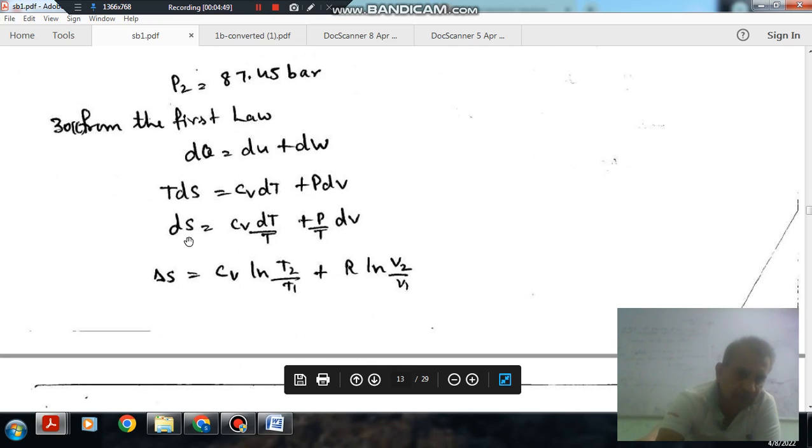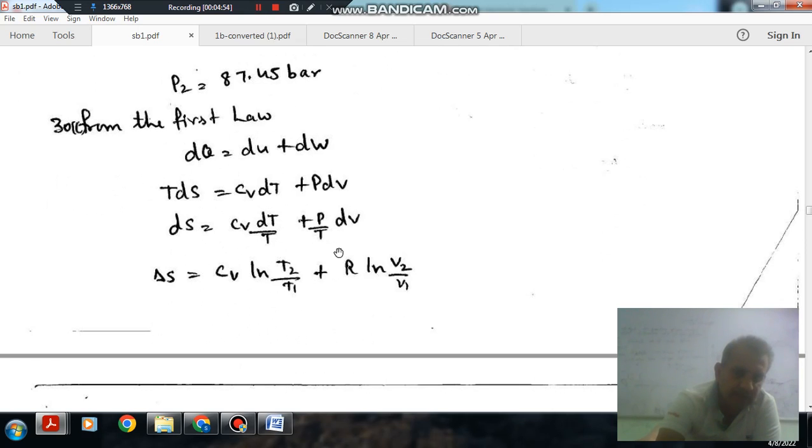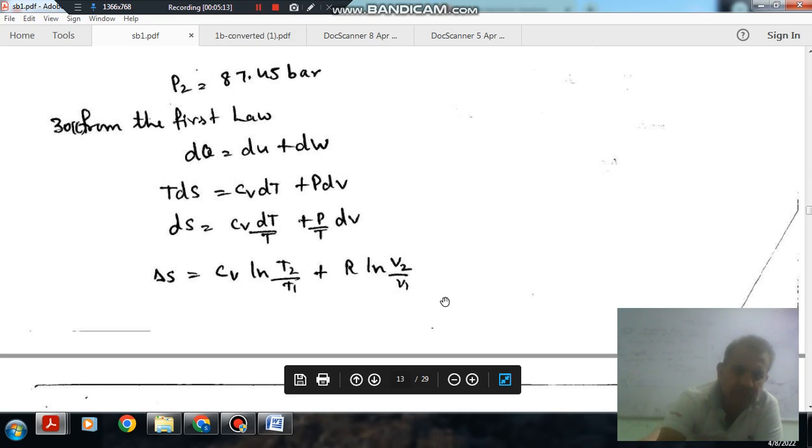If we integrate it, then it is Cv ln T2 by T1, and P by T can be written using PV is equal to mRT. Taking m equal to 1, P by T is R by V, so its integration will be R ln V2 by V1. So that is the general expression for change in entropy for a reversible process.